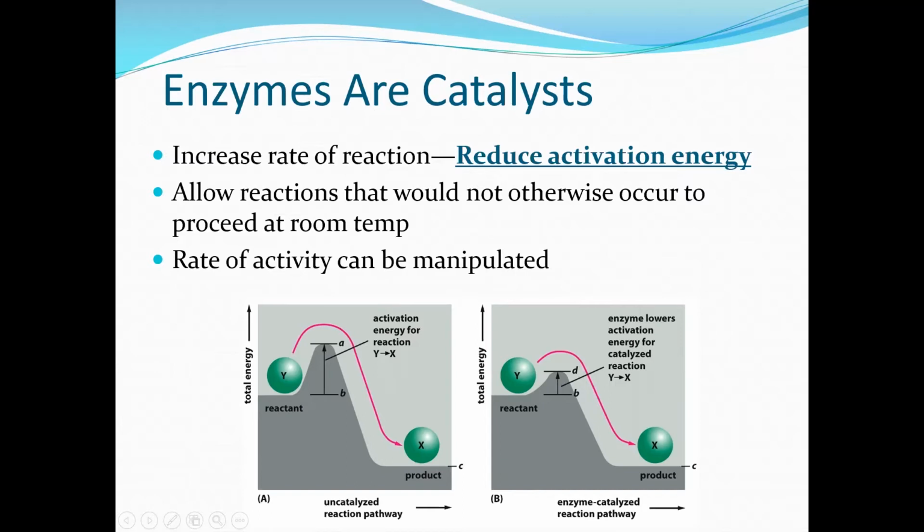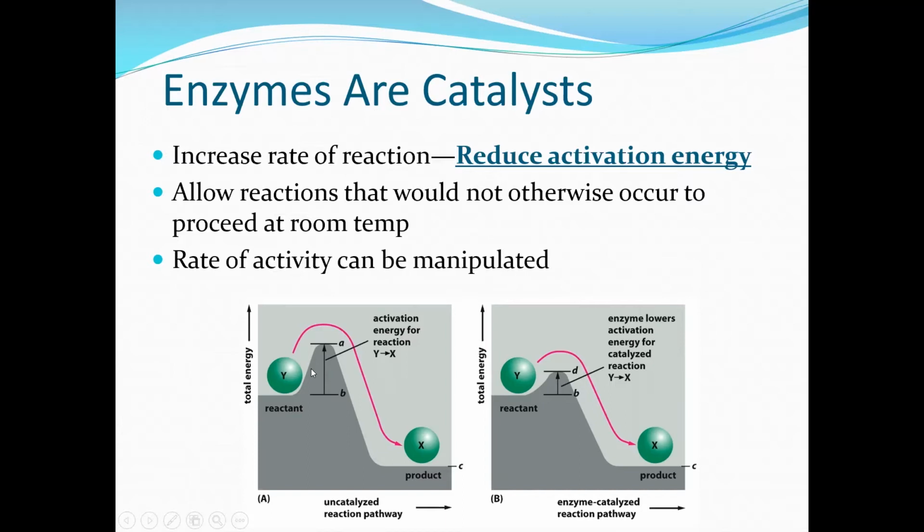However, sometimes it takes energy to save energy, and you might need to add energy to these reactants to get them over this hump before they will naturally go to this lower energy state. We call this hump the activation energy, the amount of energy required to push this reaction before it will naturally go to a lower energy state. So sometimes you need to add energy for this to occur.